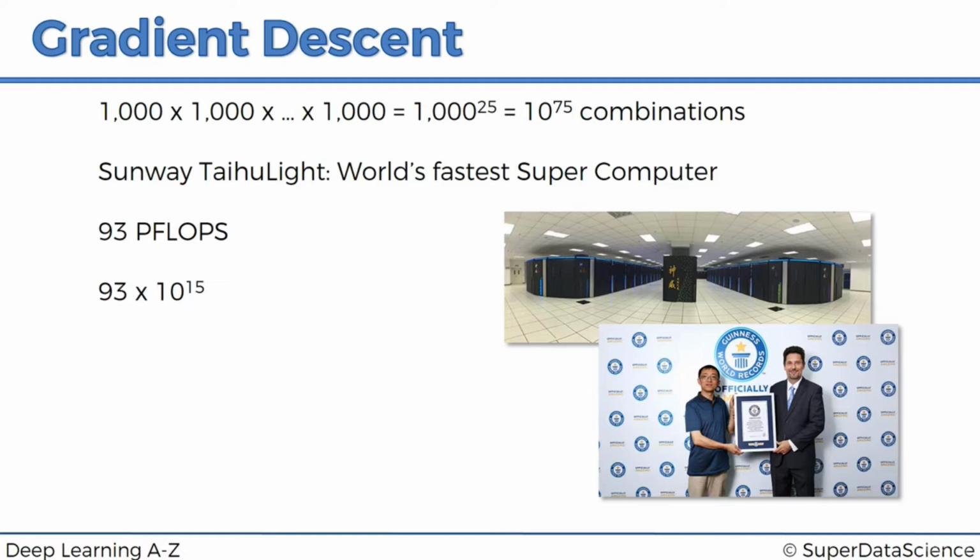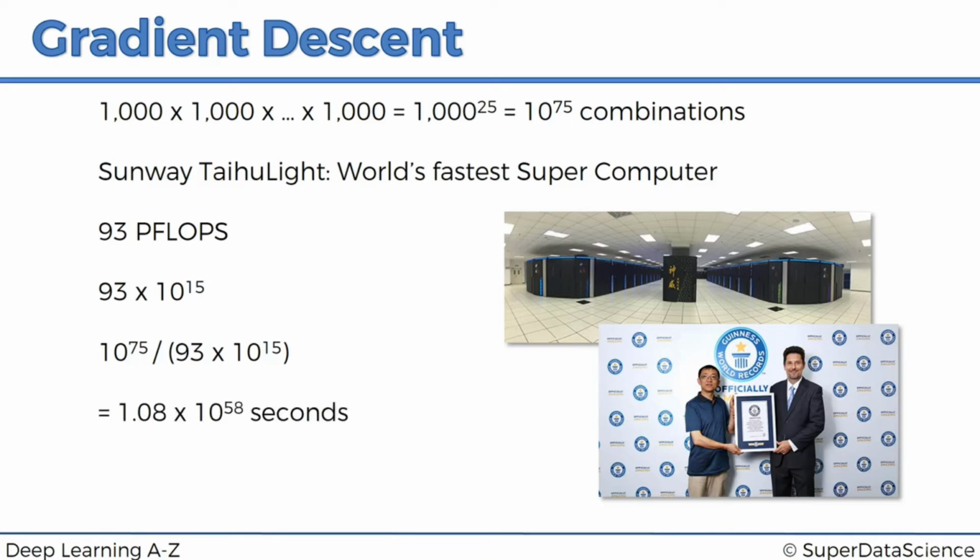In an ideal world, it can do one test per floating point operation. That means it will still require 10 to the power of 75 divided by 93 times 10 to the power of 15 seconds to run all of those tests, to brute force through that network.